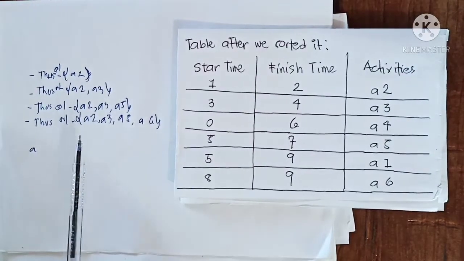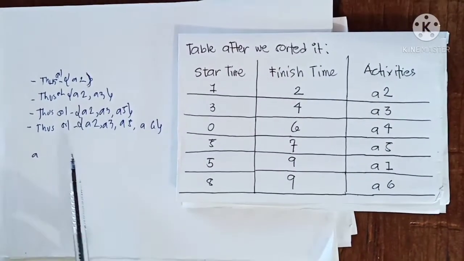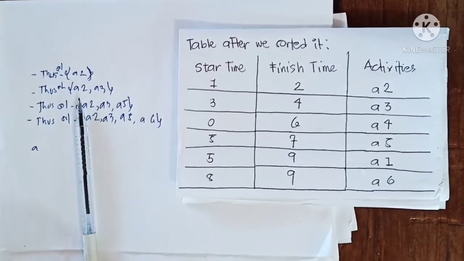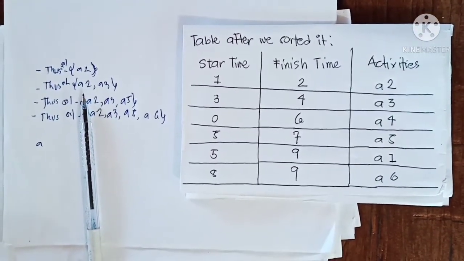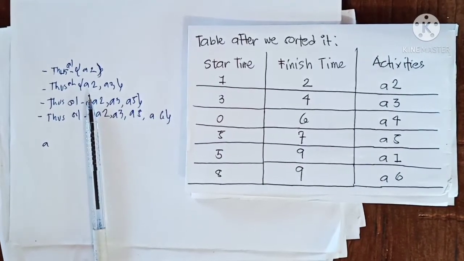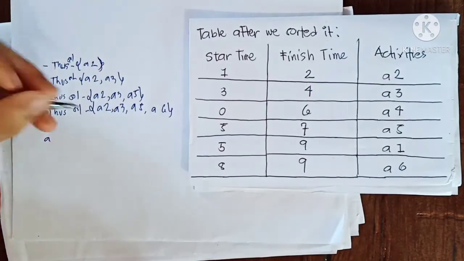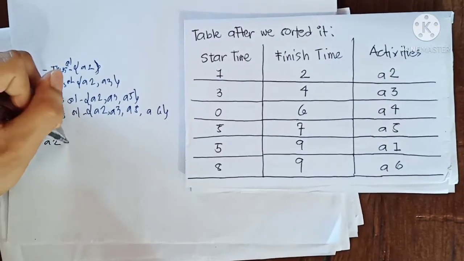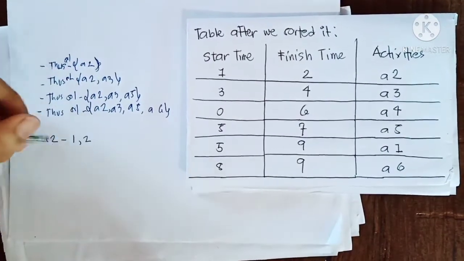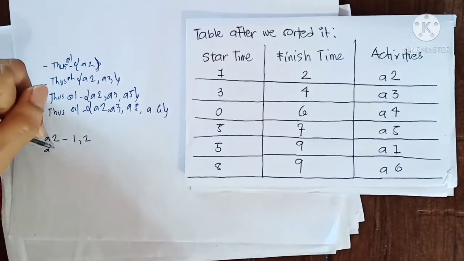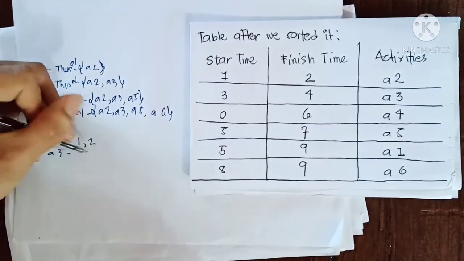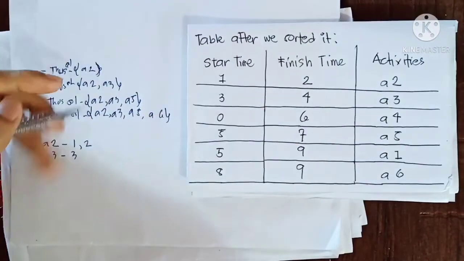So the execution schedule of the maximum number of non-conflicting activities will be activity 2, which is 1 to 2, and activity 3, 3 to 4.